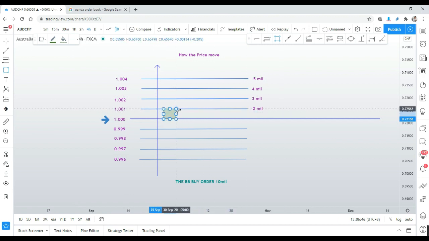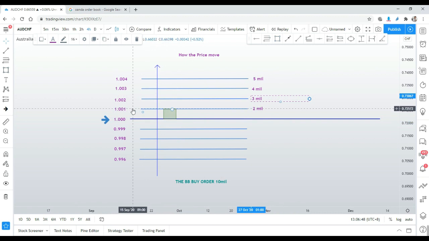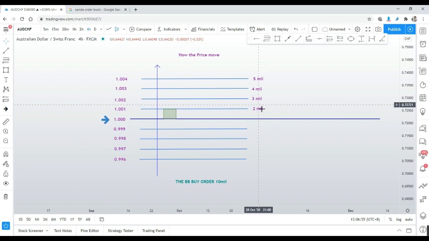The first stage is that they'll push it to 1.001 and consume the 2 million over here, because he knows there is a 2 million sell order at this point.